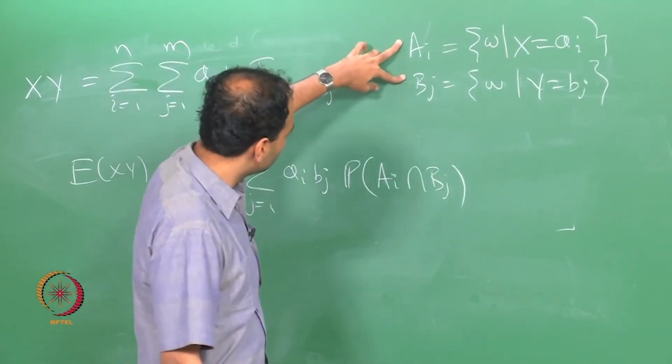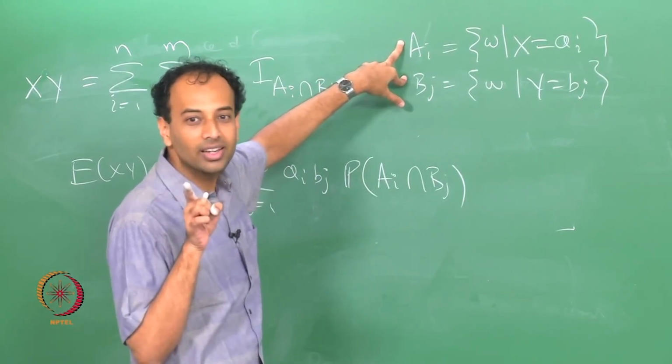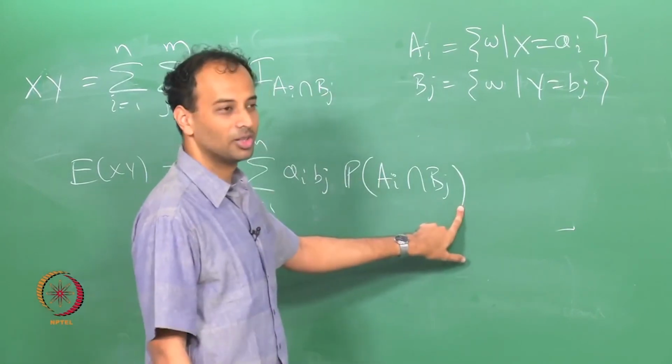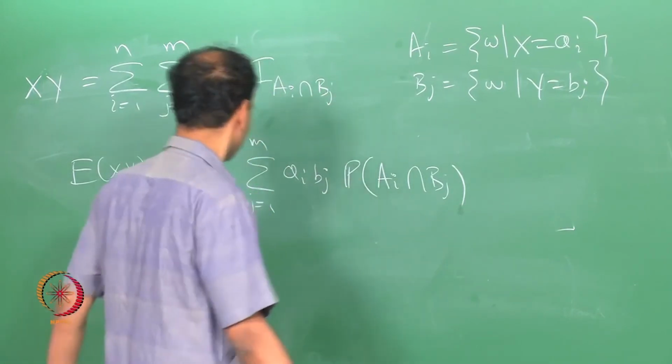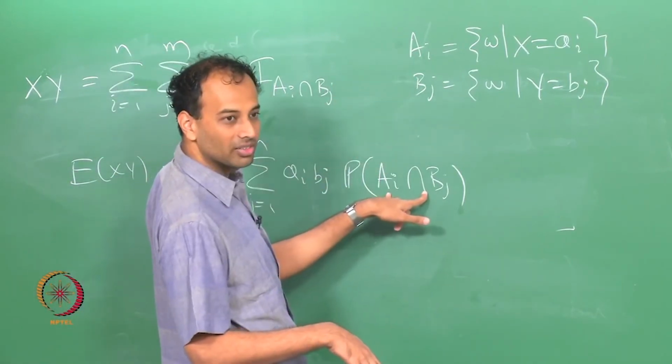So now A_i and B_j are independent events. Why? x and y are independent random variables. So this will product out, correct. By independence, you can say that these two are independent events, right.